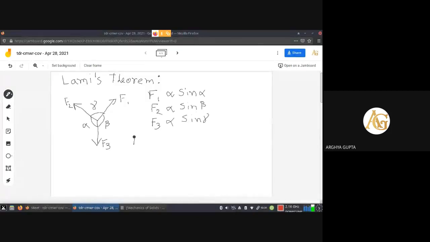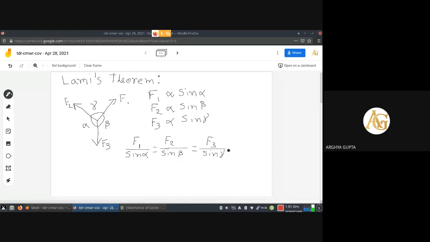And if the value of the constant is the same, then combining the equations, we can write F1 by sine alpha equals F2 by sine beta equals F3 by sine gamma.